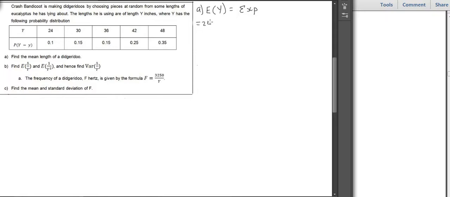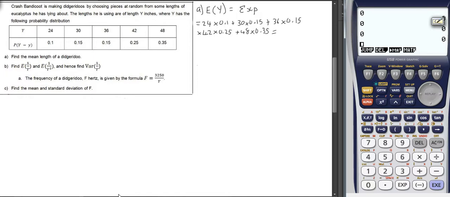So 24 times 0.1 plus 30 times 0.15 plus 36 times 0.15 plus 42 times 0.25 plus 48 times 0.35. And I'm going to whack that straight in the calculator.